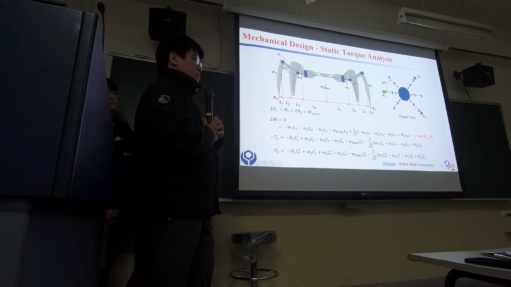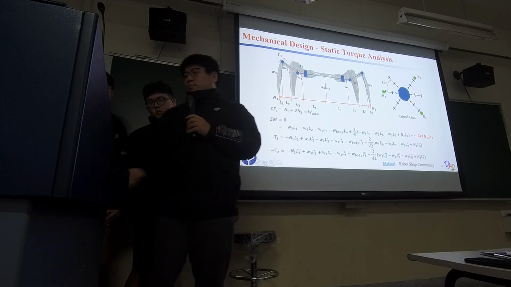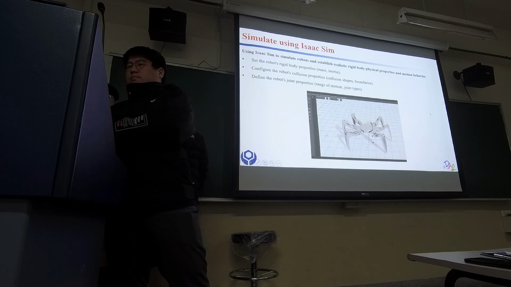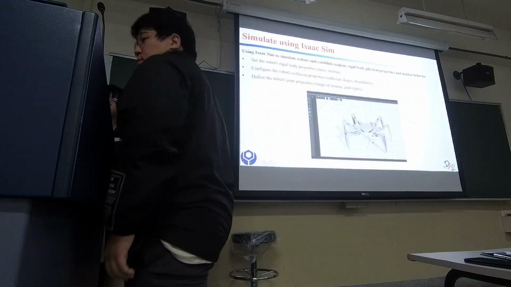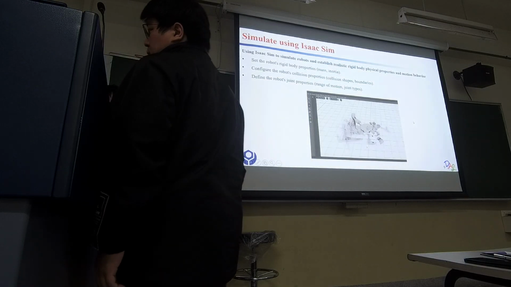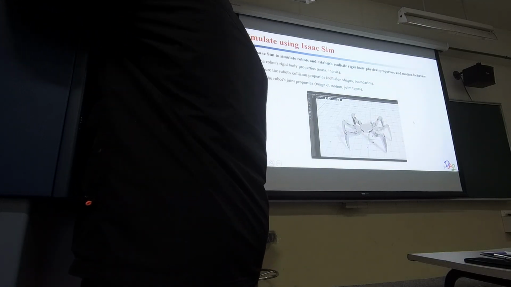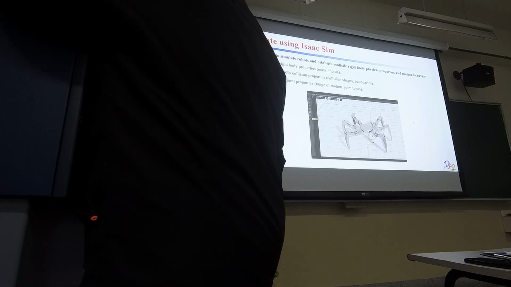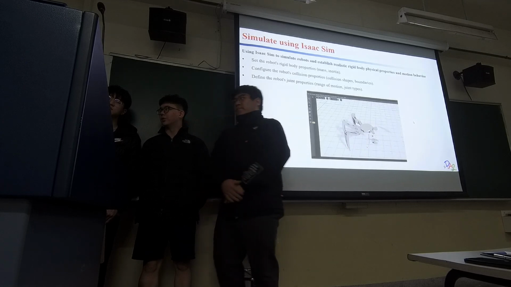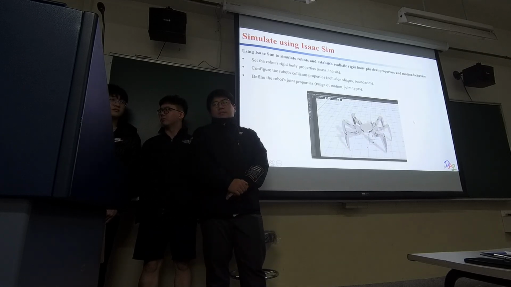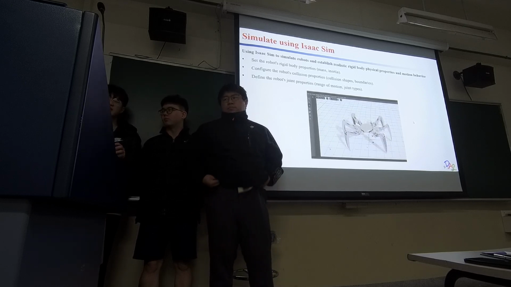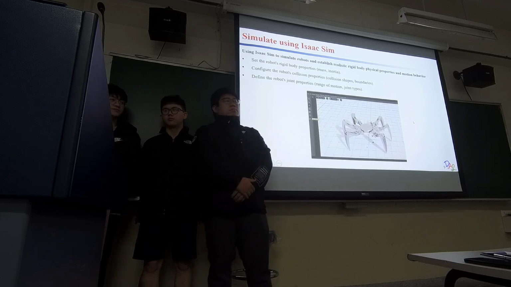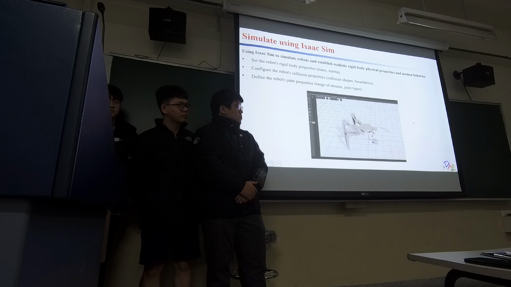Also I would like to know for Isaac Sim, what are the collision properties you have set? We just use the default things. So the collision properties, you set the robot with the ground?